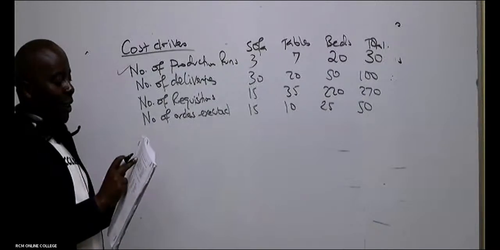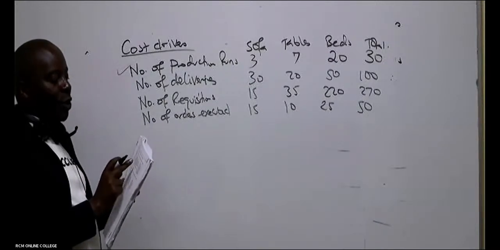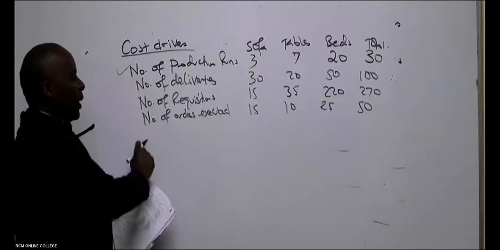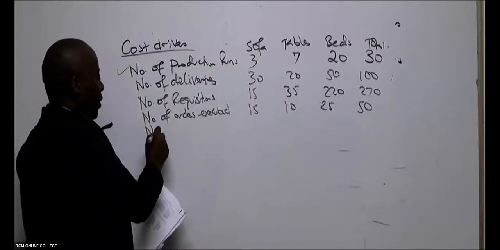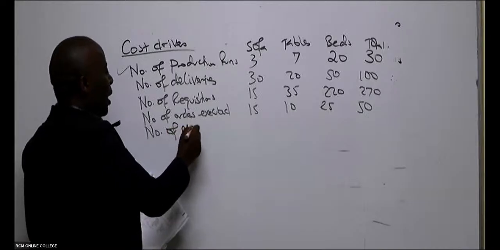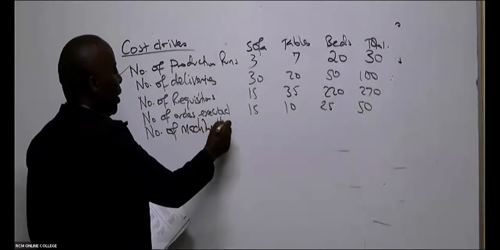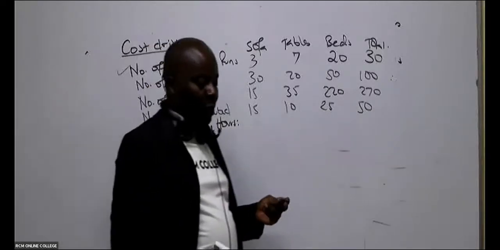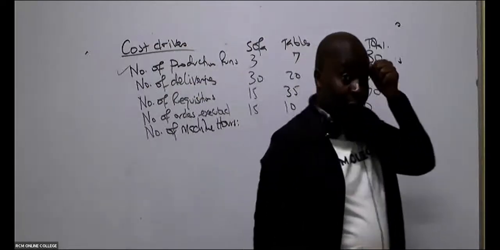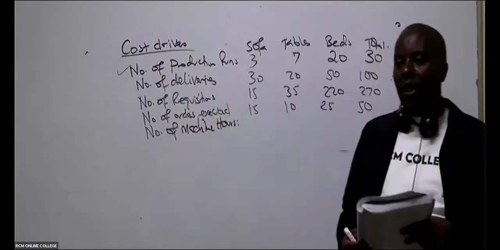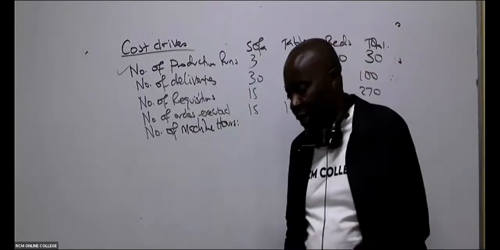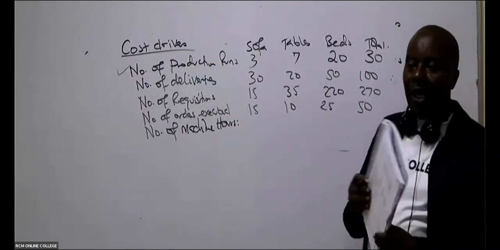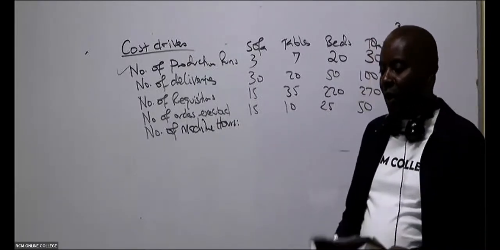The second one is machining cost. For machining cost, they want us to use number of what here? Machine hours. We don't have that here, so we must include it. Number of machine hours. Go to whichever table and give me the machine hours, because the table they have given us doesn't have machine hours.